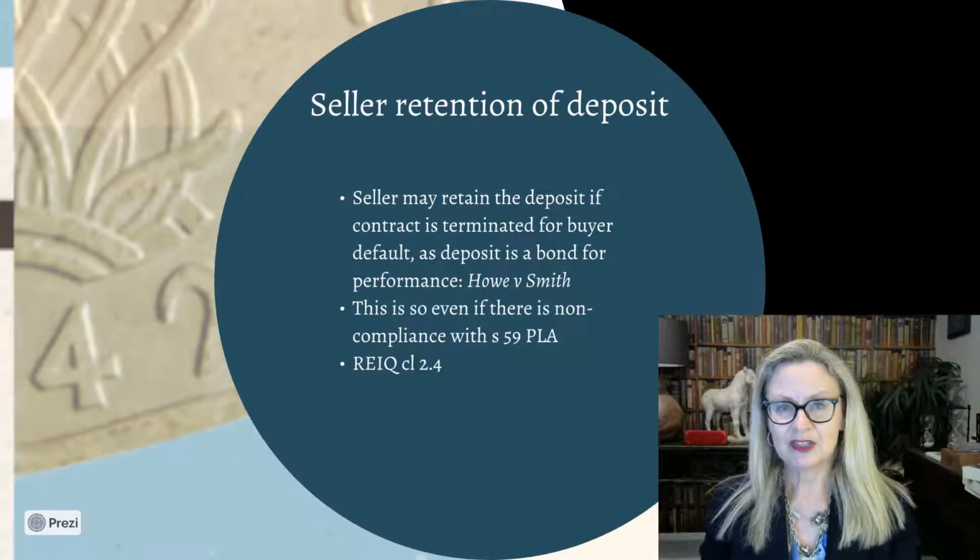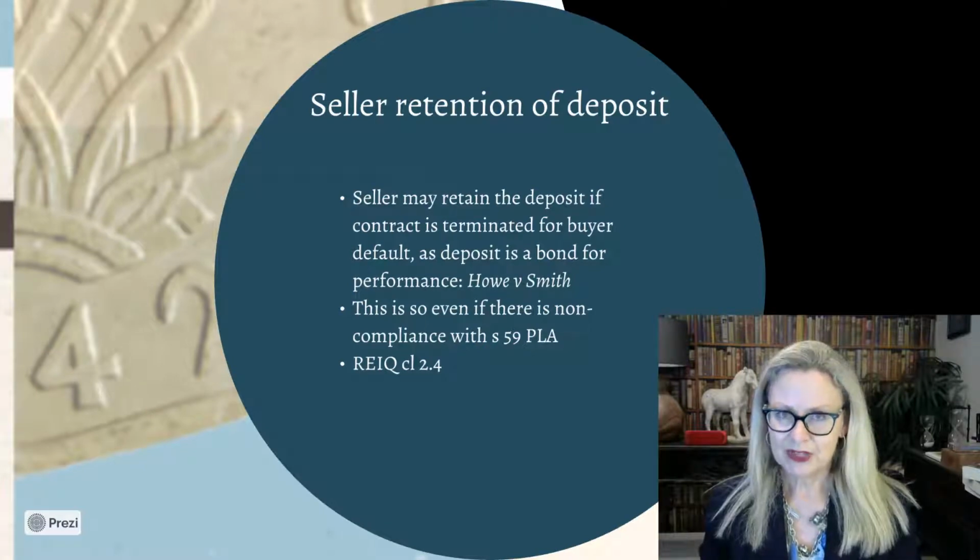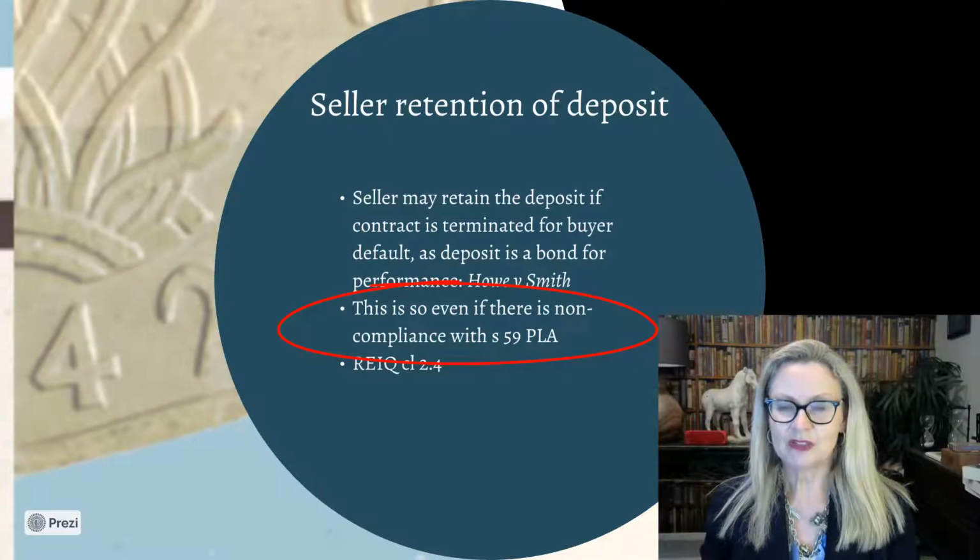The seller's issue, well, no real issue, I guess. They can obviously retain the deposit under Howe and Smith if the contract's terminated for buyer default. What I did want to flag for you is that this is still the case even if there's non-compliance with Section 59 of the Property Law Act, and that is the formalities section that requires writing and so forth.